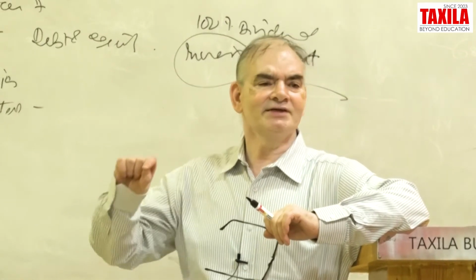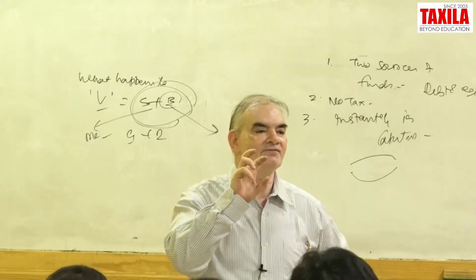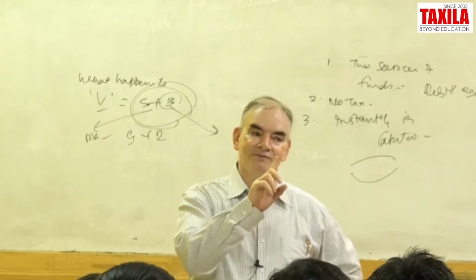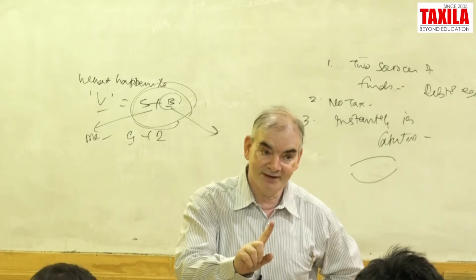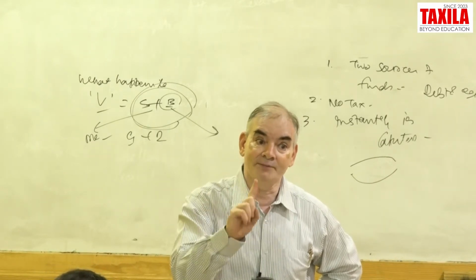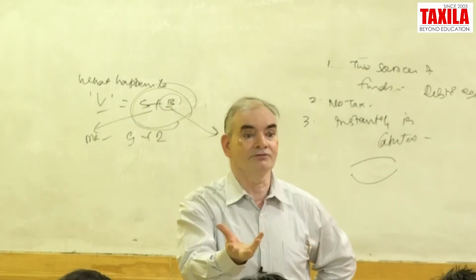No. Net worth is different. In fact, net worth turns out to be your book value. Value of the firm is what the market perceives. Clear? And book value of the firm, or net worth of the firm, is what is endorsed by your books of accounts.